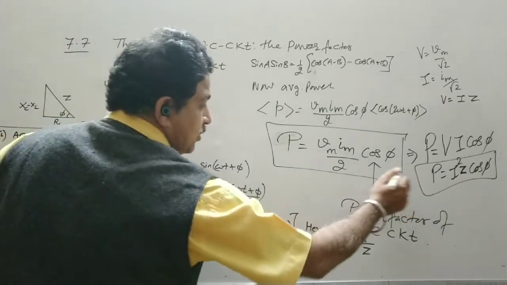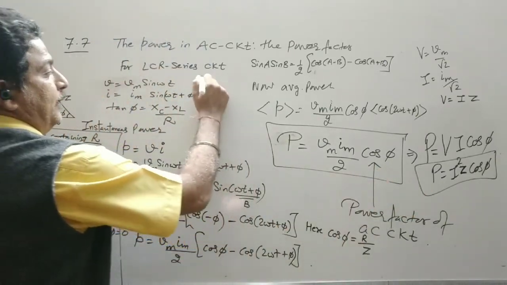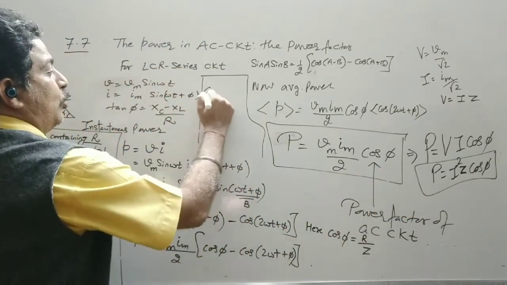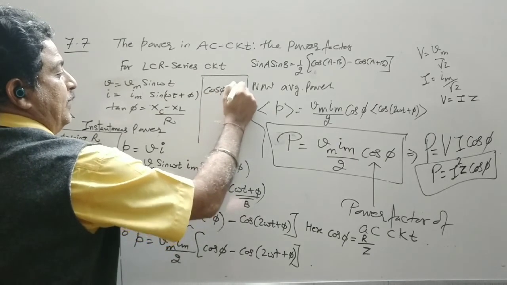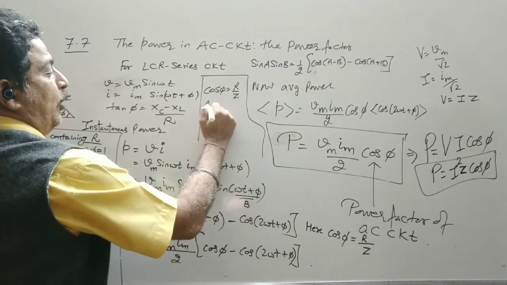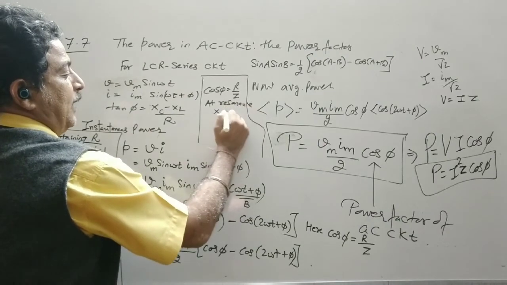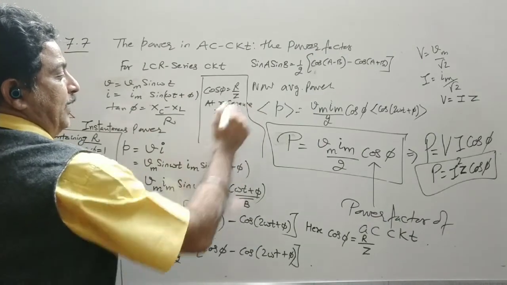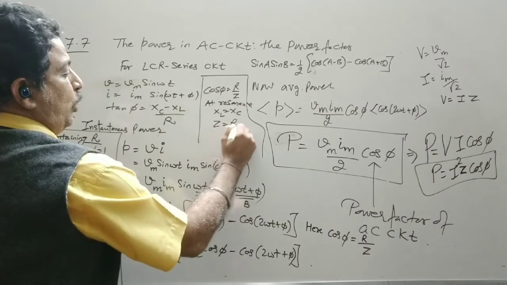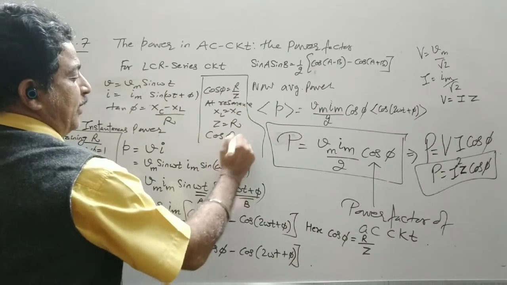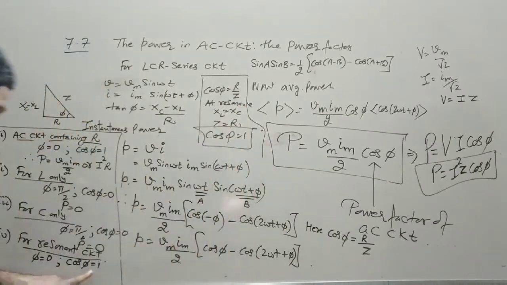We take this general formula. What is cos phi? Cos phi is equal to R upon Z. Now at resonance, XL is equal to XC. Therefore, Z is equal to R only. Therefore, cos phi comes out to be 1. So the power factor at a resonant circuit is 1.